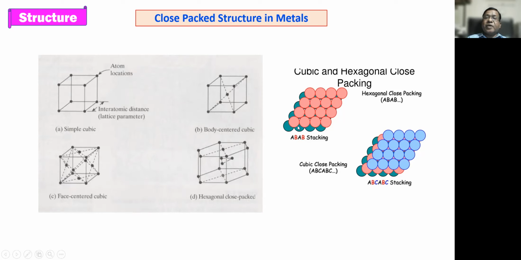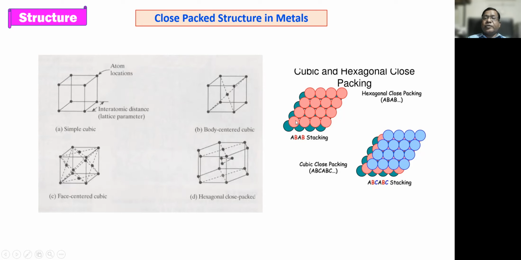This is how atoms are actually sitting. If A is the first layer, the second layer is sitting at the center space between these three atoms of the first layer. So next will be sitting here and another will be sitting like this.